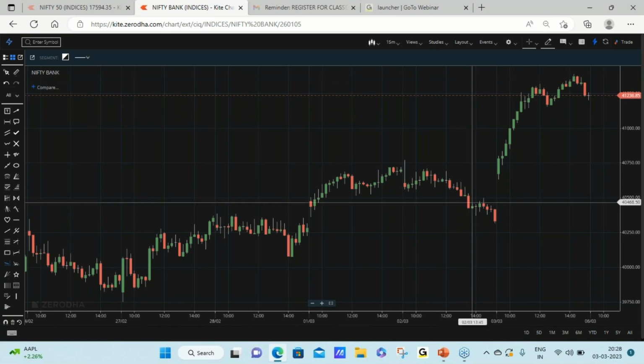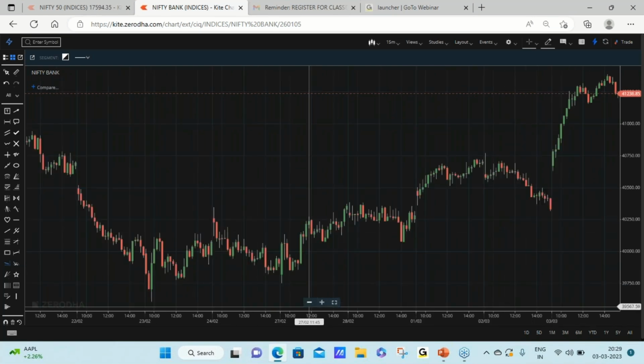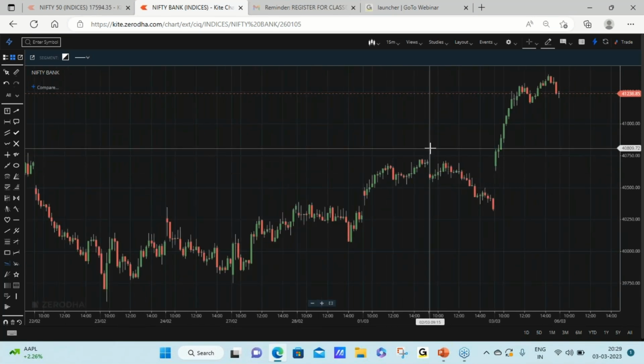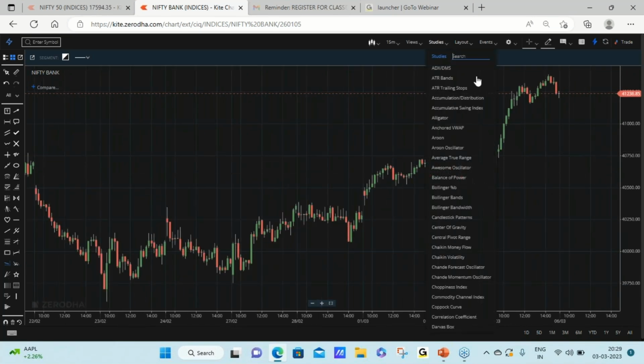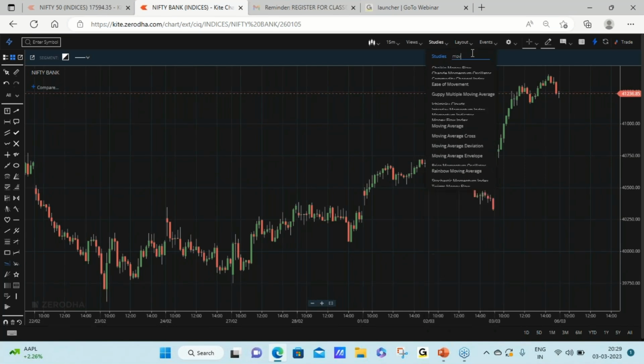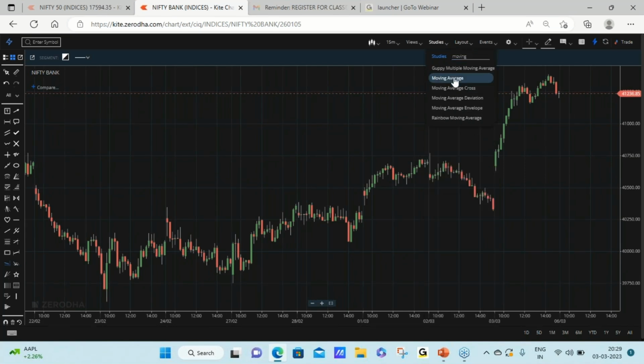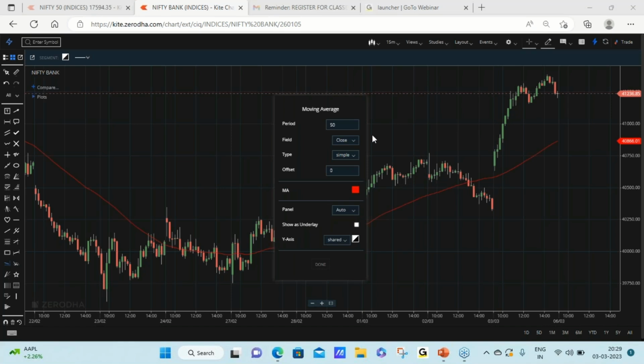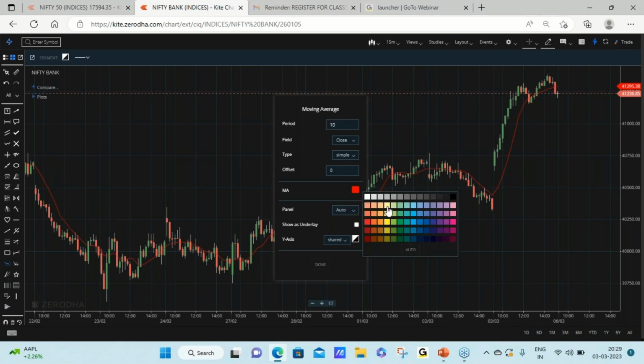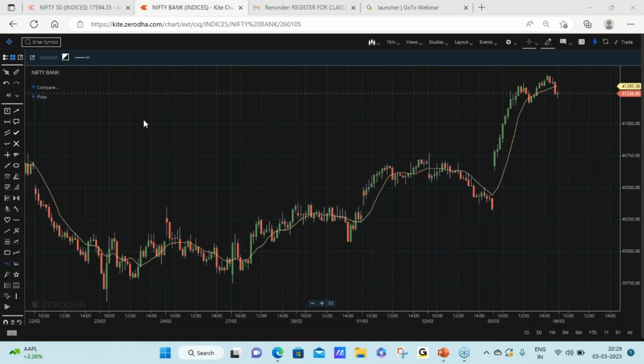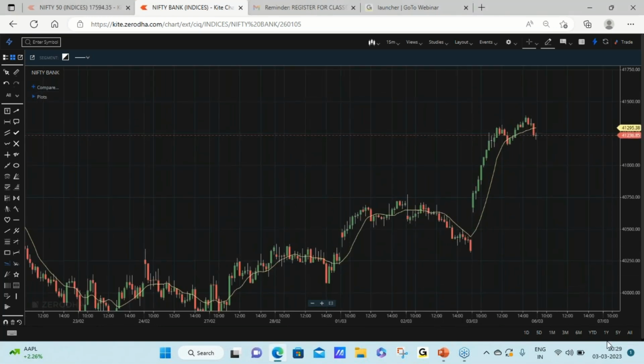Okay. So the first indicator that we are trying to use in the intraday setup is the 10 simple moving average. So you need to add a moving average. The value that we are trying to use is 10 simple moving average. How to identify trend?